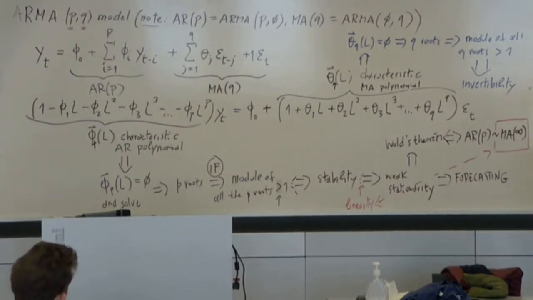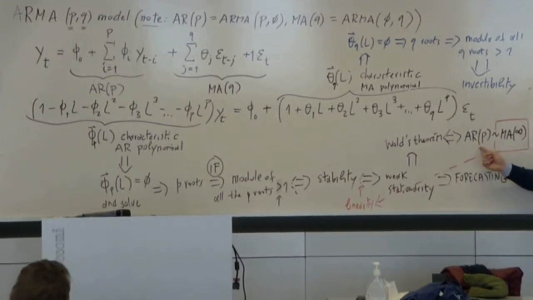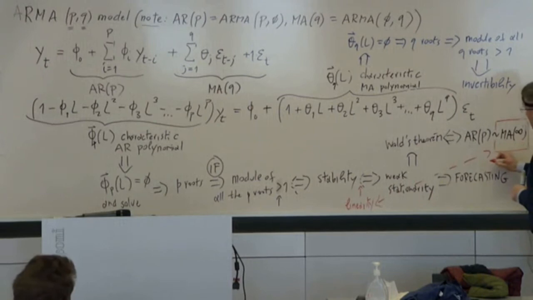Second, it means that some types of calculations, which are easily done using moving average models, can be applied directly to autoregressive processes, first by rewriting them and then by exploiting those calculations. Today it doesn't yet make sense, so I just write it in red with a question mark here.